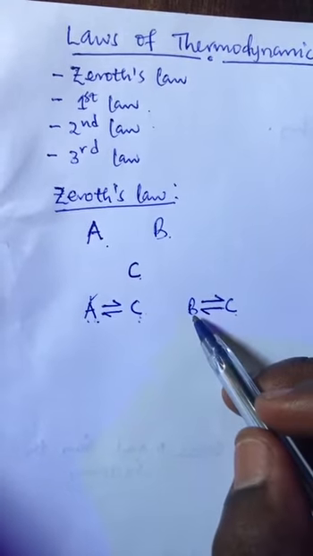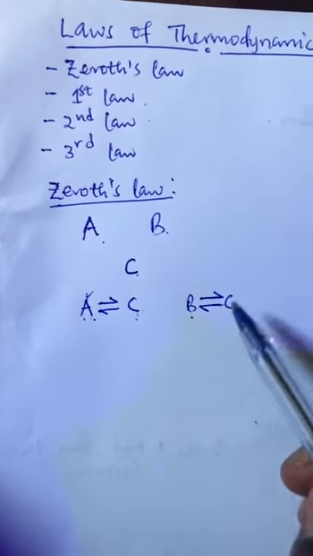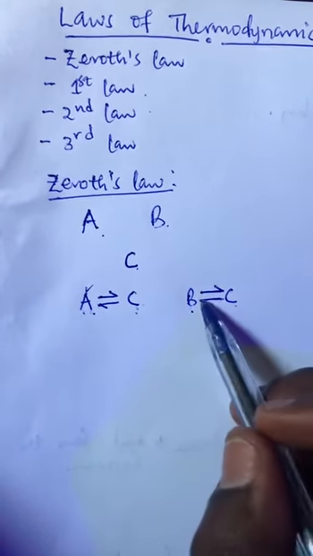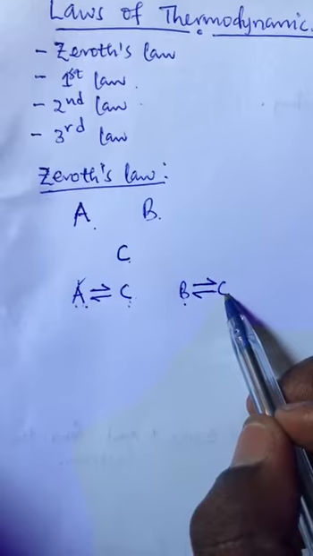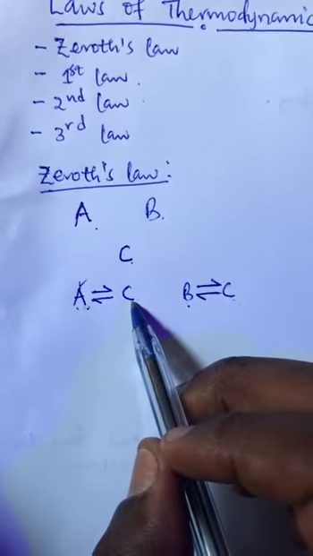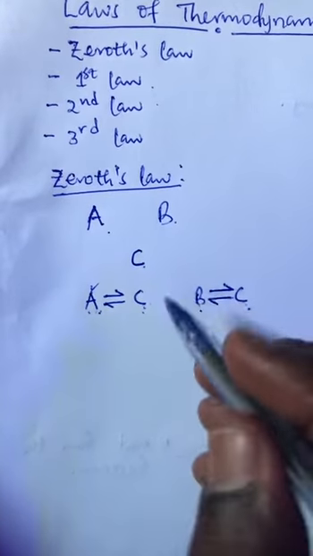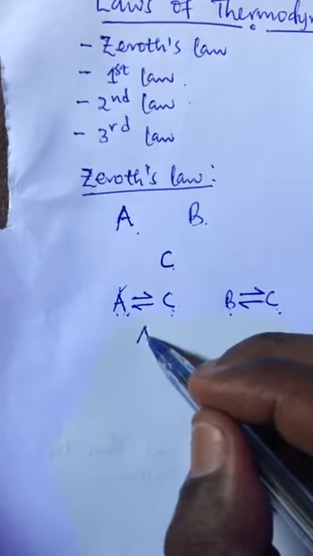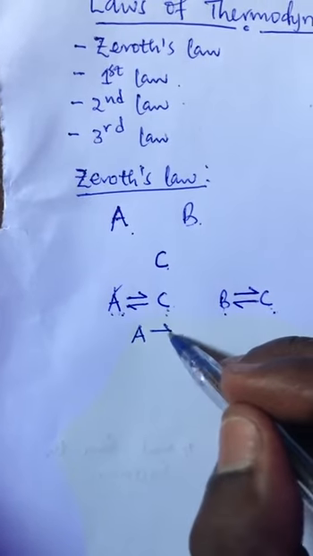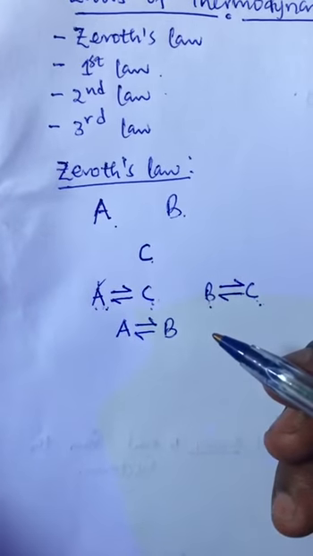Then also bring B independently in contact with C. Equilibrium is going to be reached when B and C are in thermal equilibrium. Therefore, if A is in thermal equilibrium with C and B is in thermal equilibrium with C, that means A is also in thermal equilibrium with what? With B. You see that?